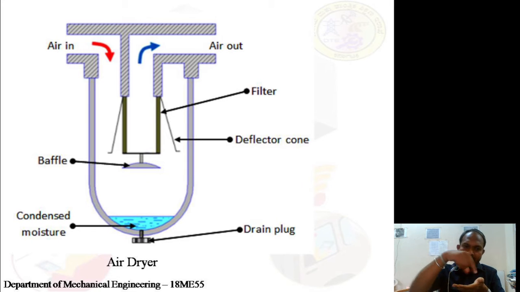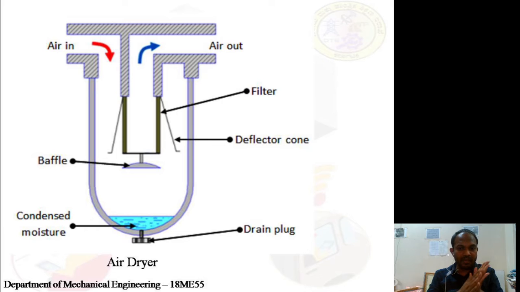This is one advantage of the deflector cones: they deflect the air into a swirling action, and then it strikes the baffle plates and comes in contact with them.